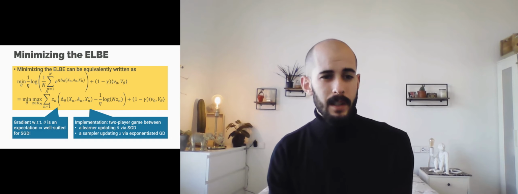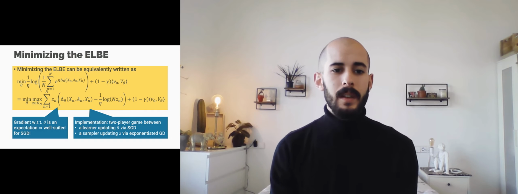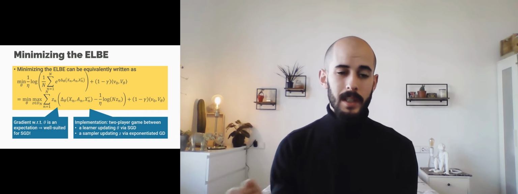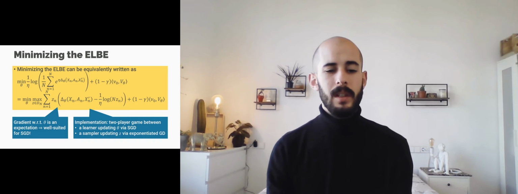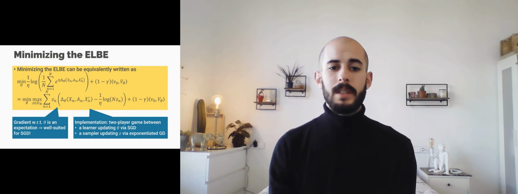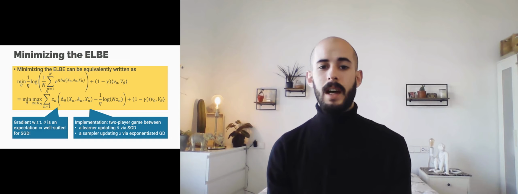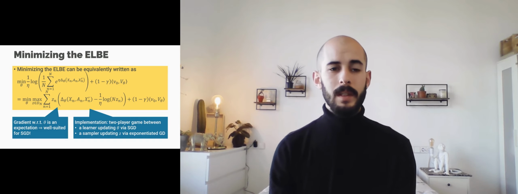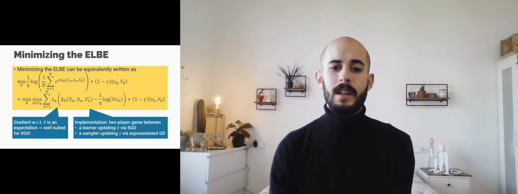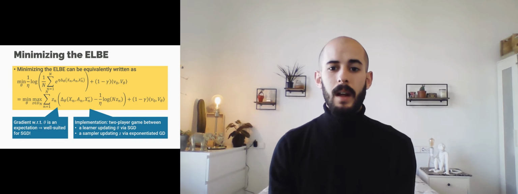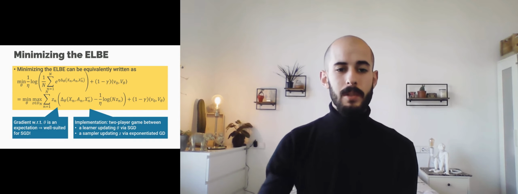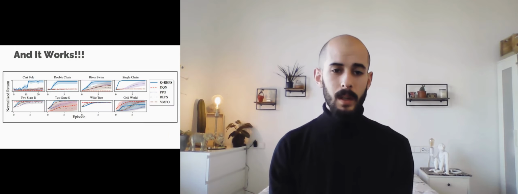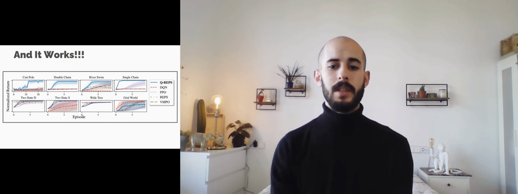So as we can see here, now the gradient with respect to theta is an expectation, so it's very well suited for stochastic gradient descent. And actually, the algorithm that we have used for implementing the QREPS is a two-player game between a learner that updates theta via stochastic gradient descent and a sampler that updates the distribution over sample transitions via exponentiated gradient descent.